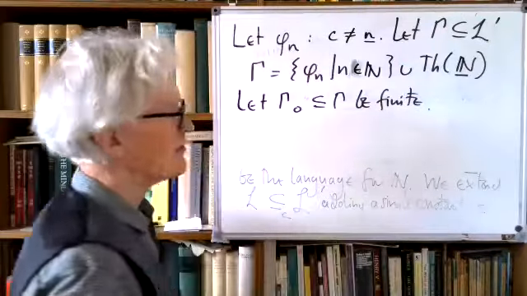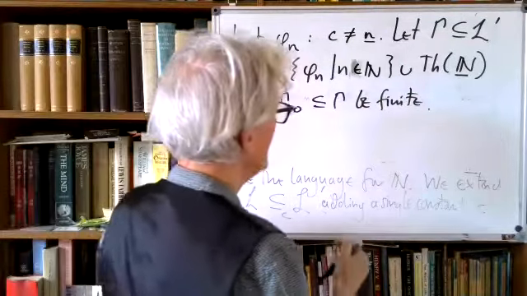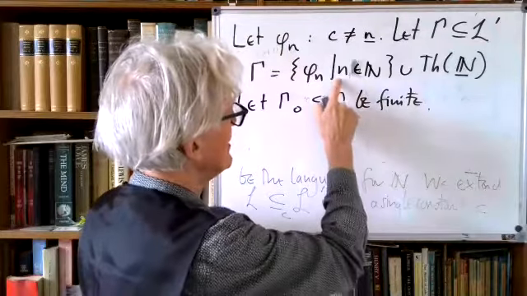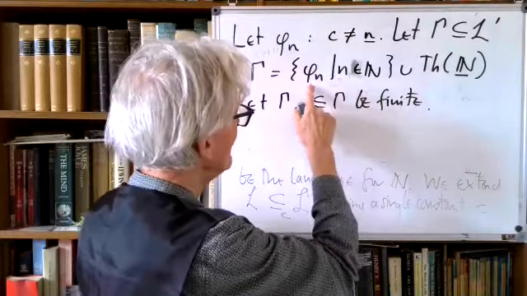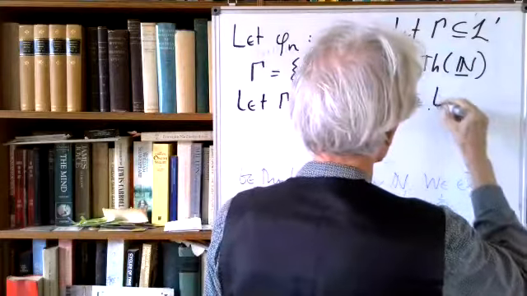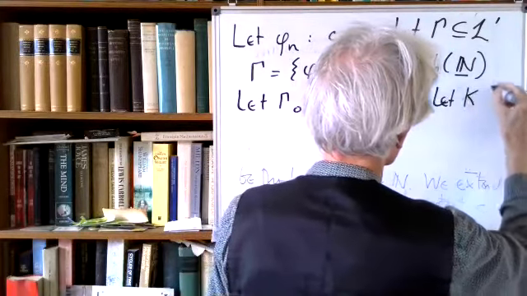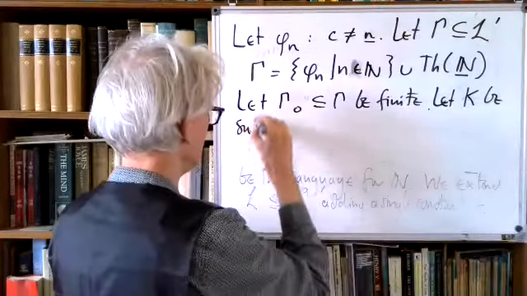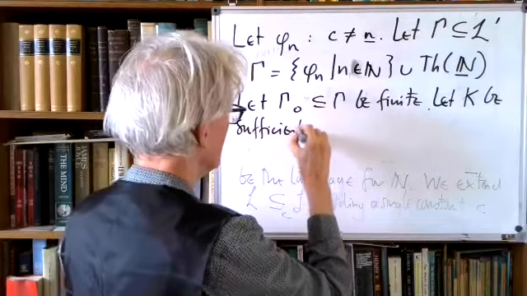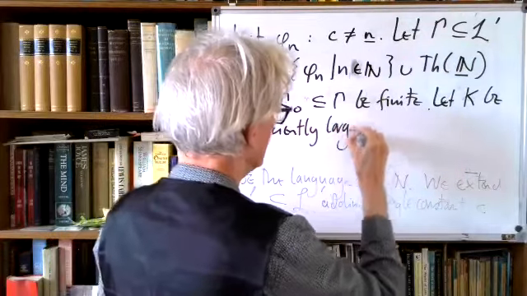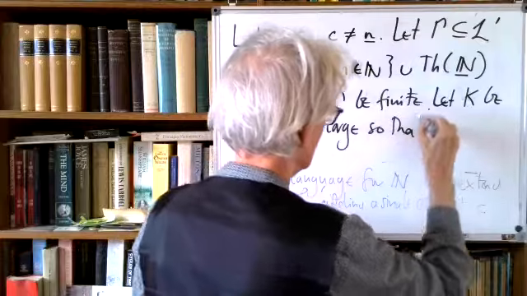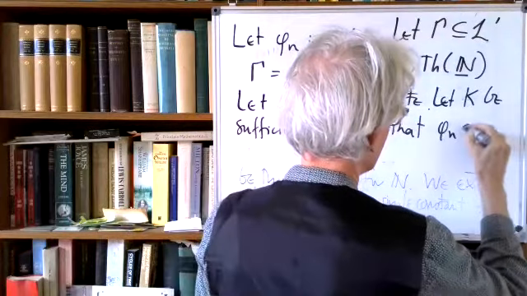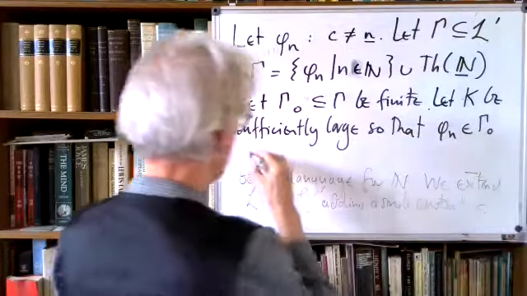So take a finite subset here. Then pick a number sufficiently large that it's bigger than any n that's in gamma 0, so that if phi n is in gamma 0, then n is less than k.